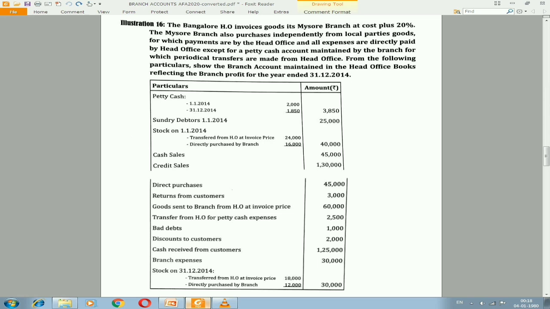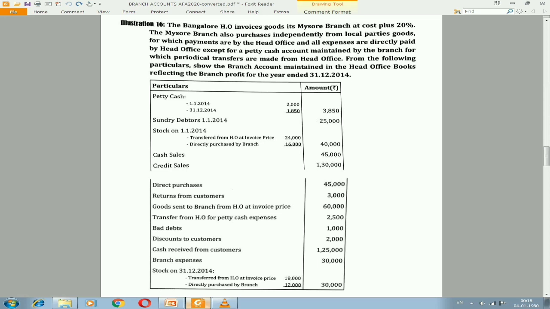The branch is going to purchase goods through local parties. For that direct purchase made by the branch, the head office is going to send money to purchase those goods, and whatever expenditures are incurred by the branch, that money will be paid by the head office except petty cash.